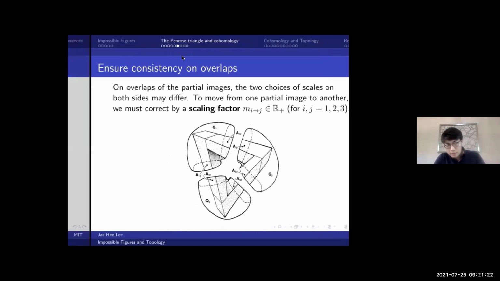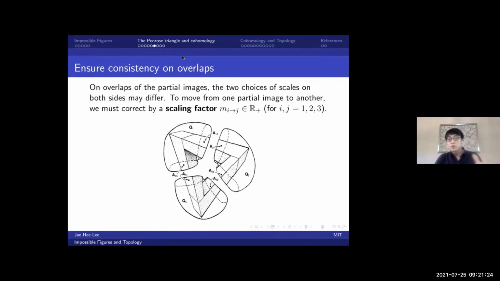Now, to patch this local information together into some sort of global interpretation, we need to ensure certain consistency. As I've remarked briefly, these pieces have certain overlaps. So you have, say, a point of the Penrose triangle, which is just a single point in the original figure.